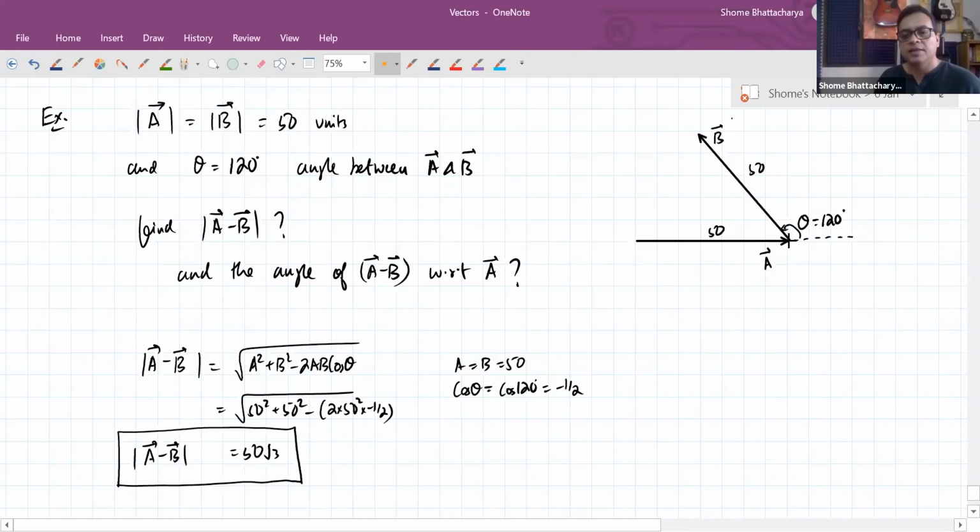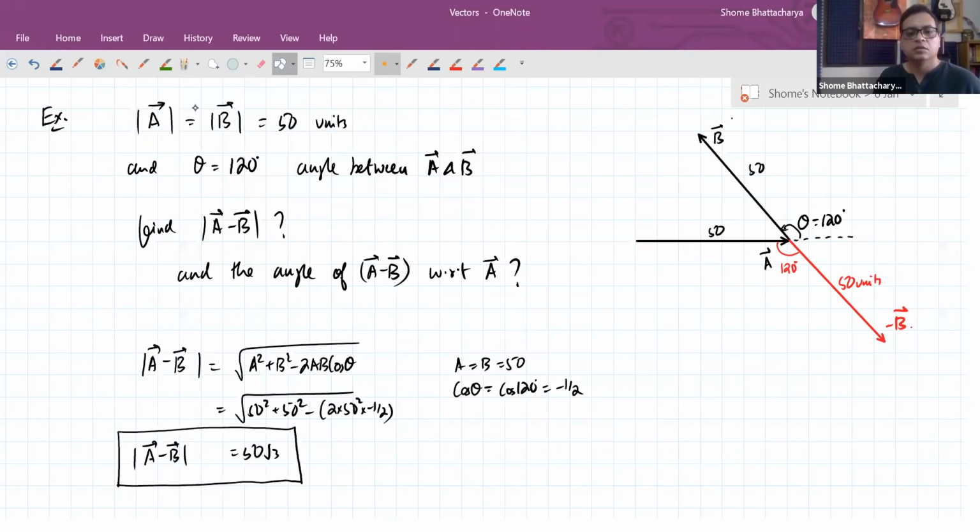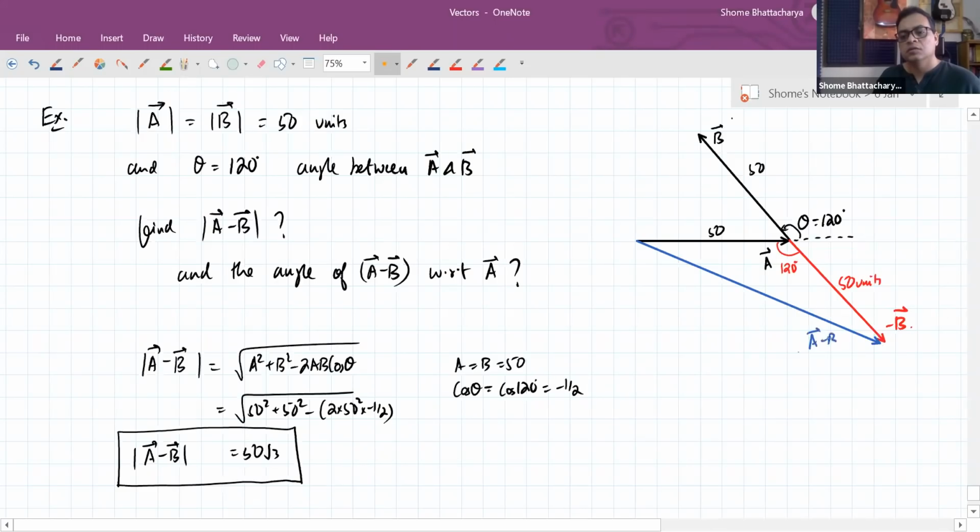So we'll have to draw the vector minus B here. That will be a vector of same magnitude, 50 units, but the direction being opposite. So now this angle is 120 degrees. And finally, our vector difference is going to be this one. This will be our vector A minus B.